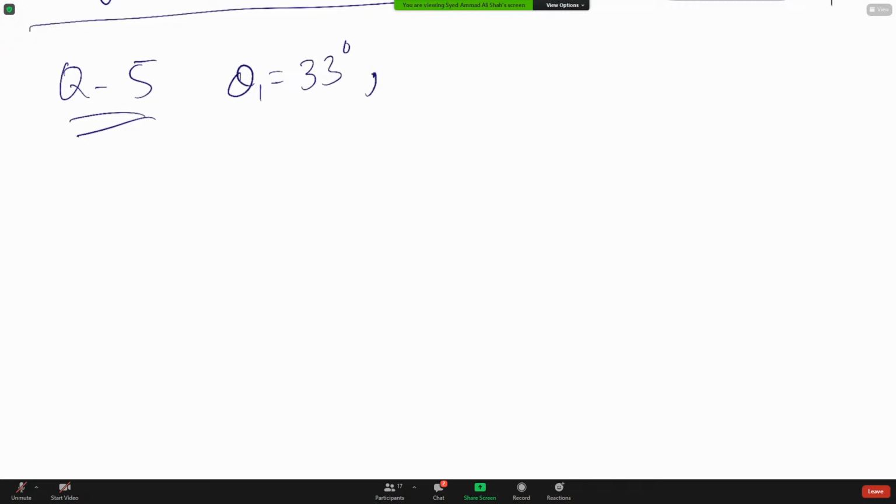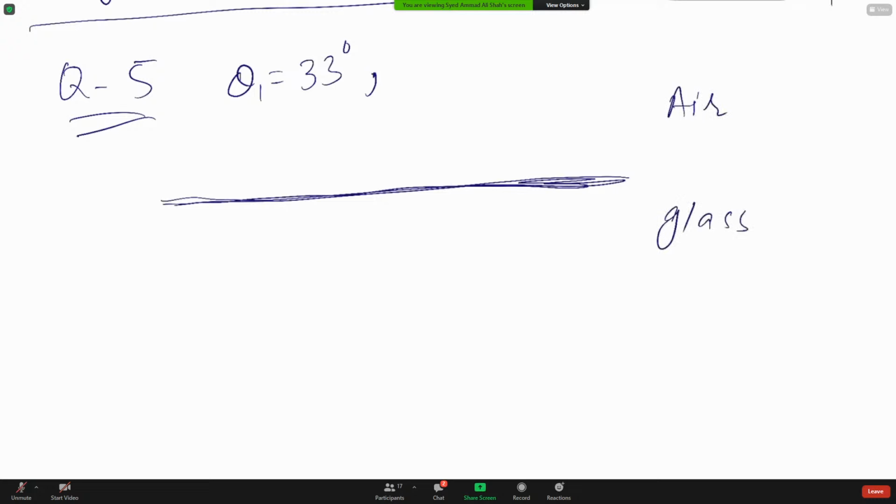So this is the surface or boundary between air and glass. Obviously for air n is equal to 1, and for glass we don't know yet.